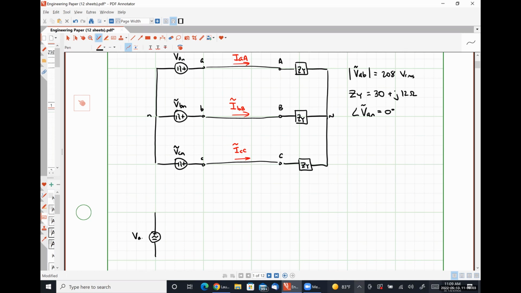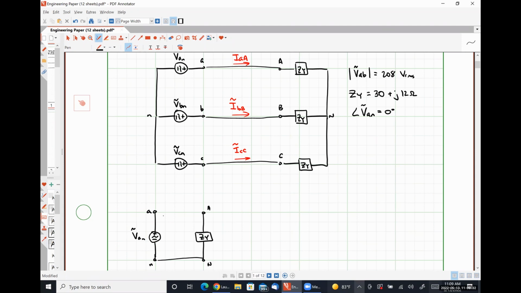So here is VAN. Uppercase A, uppercase N, lowercase n. Here's our impedance ZY. Our neutral conductor we treat as a short circuit, regardless of what it actually is.